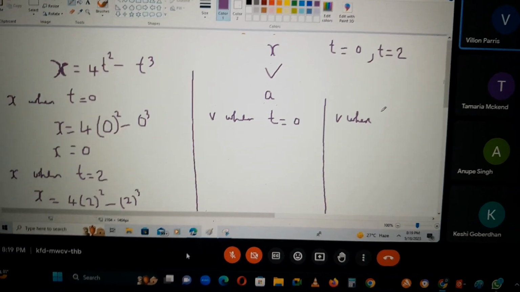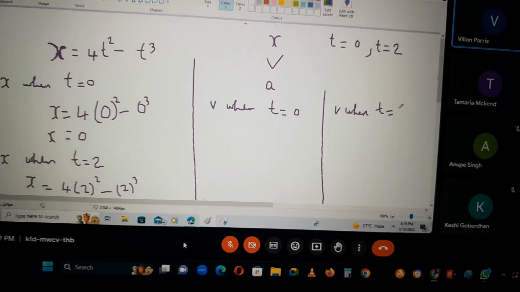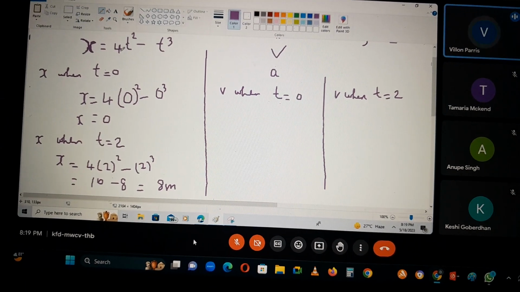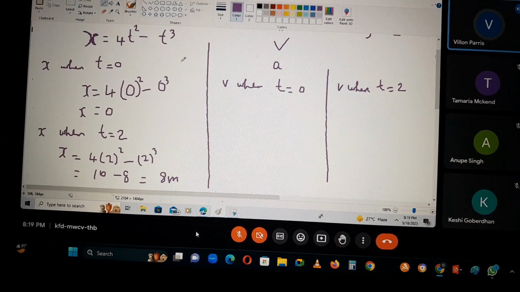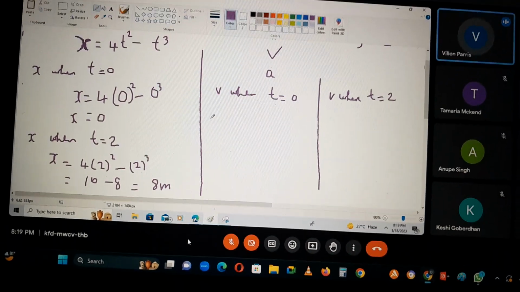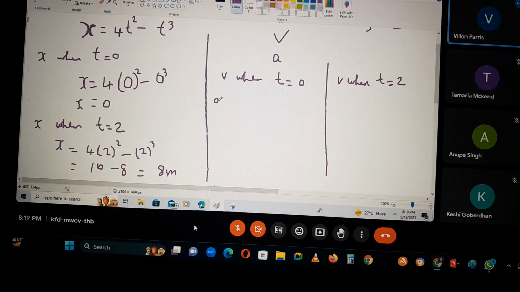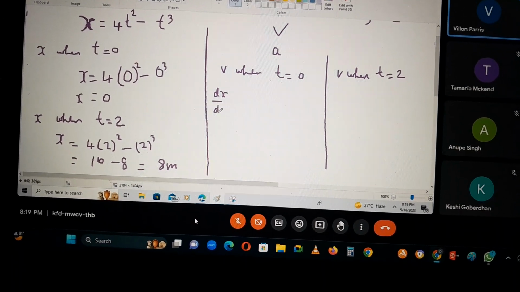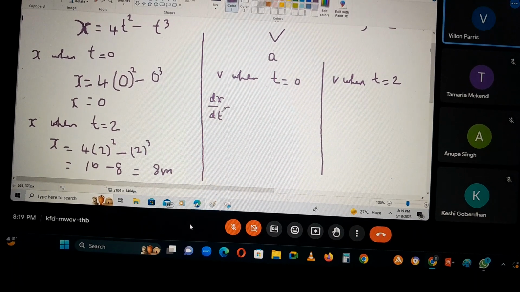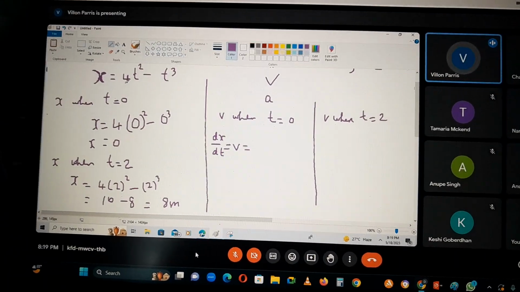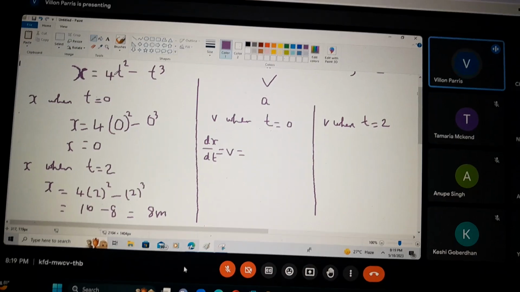So to get the velocity, we have to differentiate the displacement function. So when we differentiate here, we'll get dx/dt, which is simply v. So v is equal to, when we differentiate, we get 2 times 4 is 8.